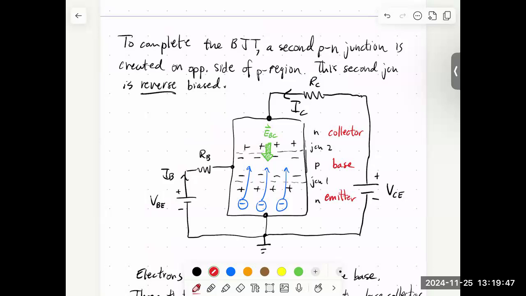There's no more electrons to sweep across, but we could increase this voltage, which would increase the rate that we inject electrons into the emitter, and that should enhance the current as well. And it would enhance the current no matter what this collector emitter voltage was, because we'd always be injecting electrons at a higher rate as we bump up this voltage and the corresponding base current.